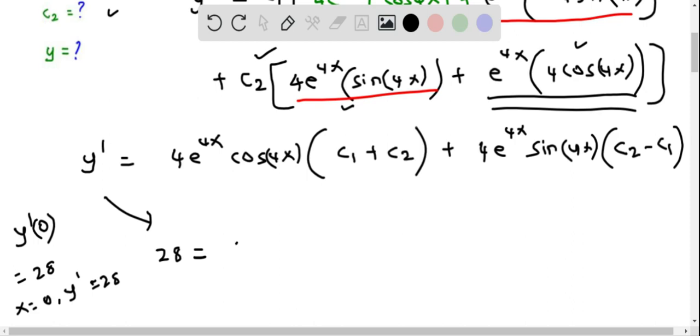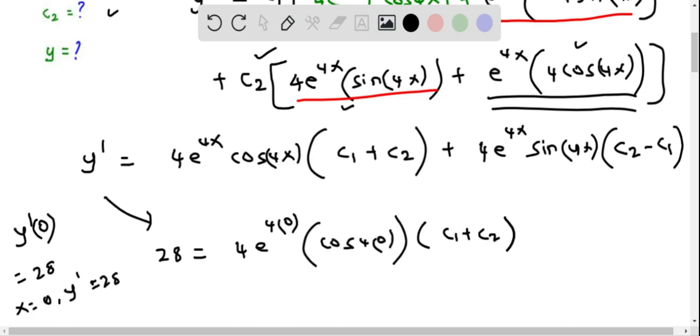I get 4e^(4·0) cos(4·0) multiplied with (c1 + c2), plus 4e^(4·0) sin(0) multiplied with (c2 − c1).